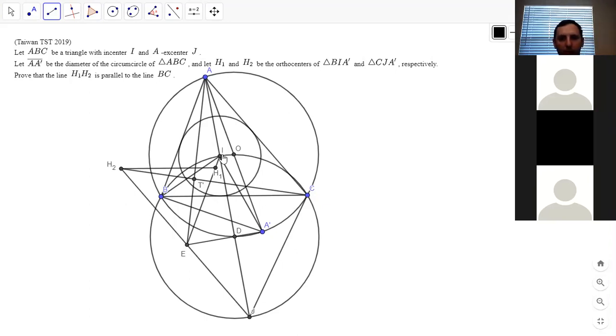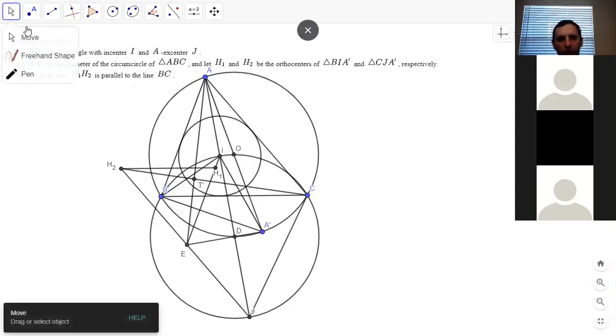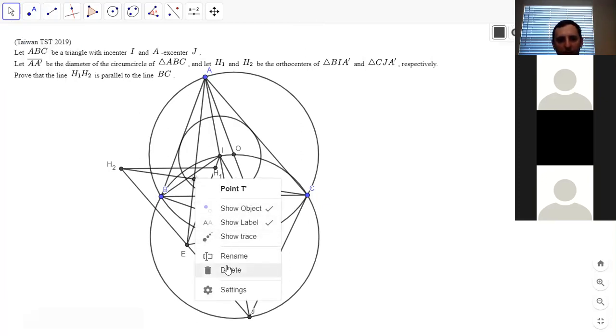So basically, we're saying the perpendicular from I to B. I'm going to delete T prime for just a second. If you guys want me to add it back, let me know.